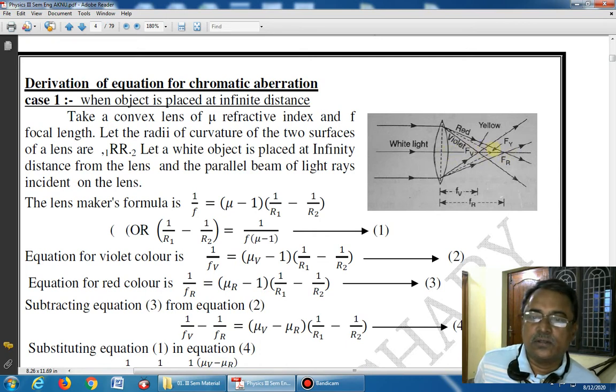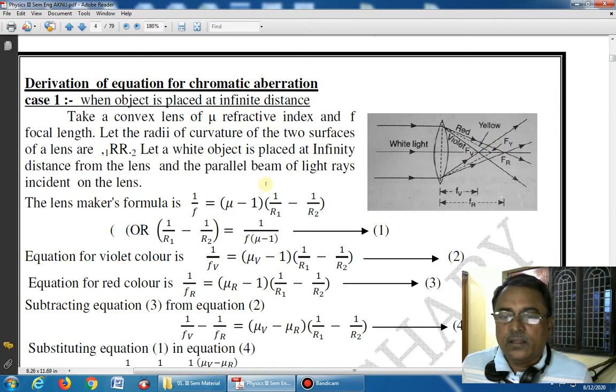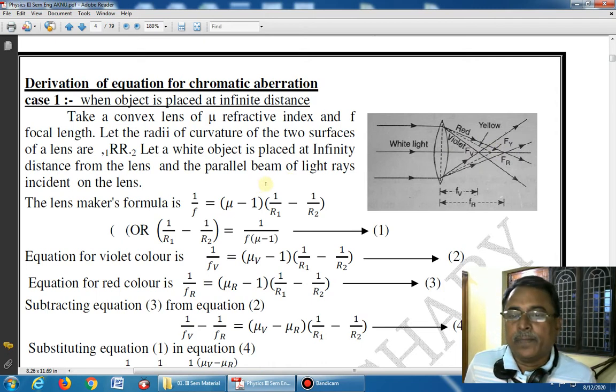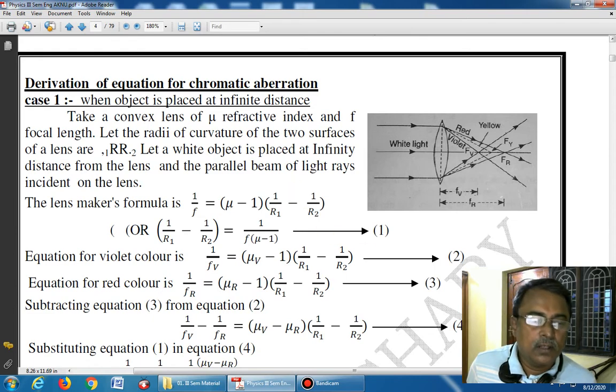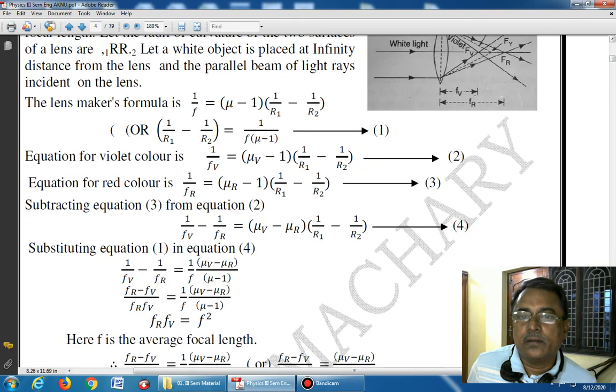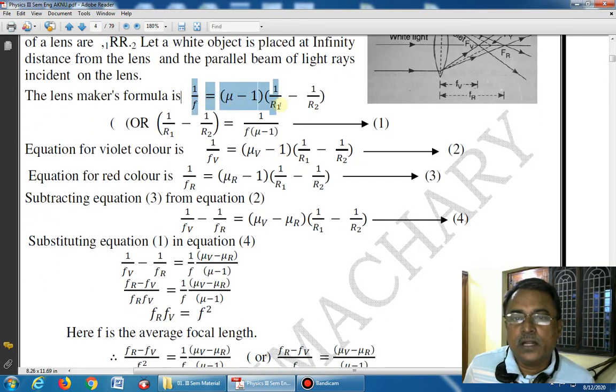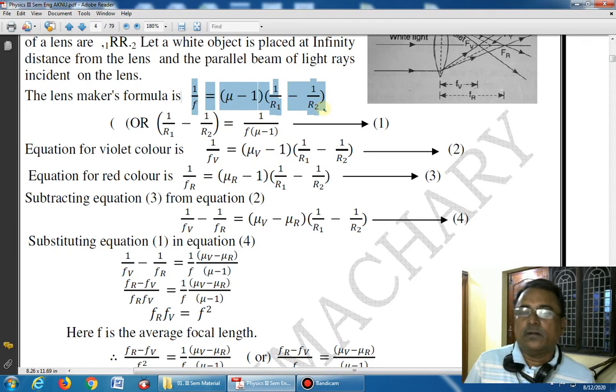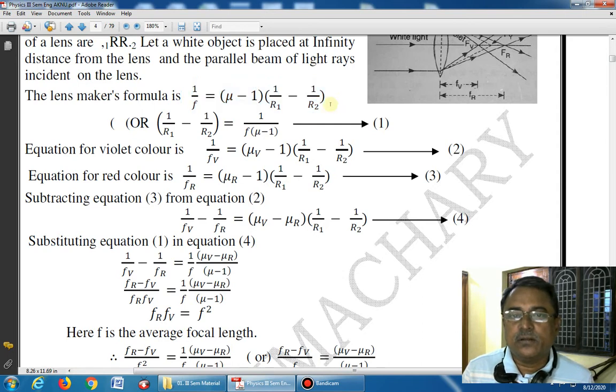And take the lens maker's formula. We know this lens maker's formula earlier, and this is the general equation for the lens maker's formula. From this equation, 1 by r 1 minus 1 by r 2 is equal to 1 by f into mu minus 1. Say this is equation 1.